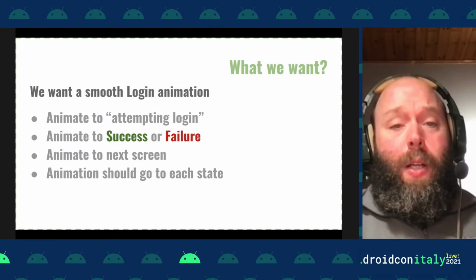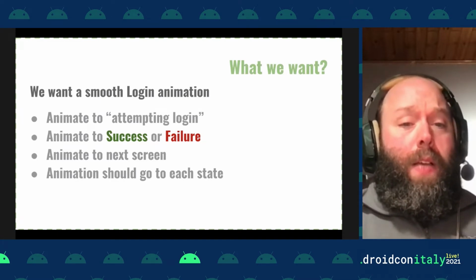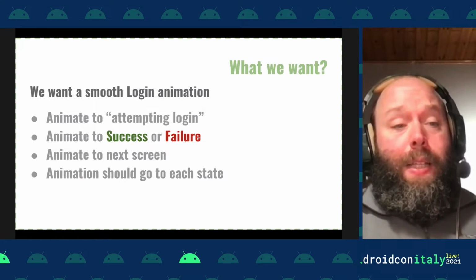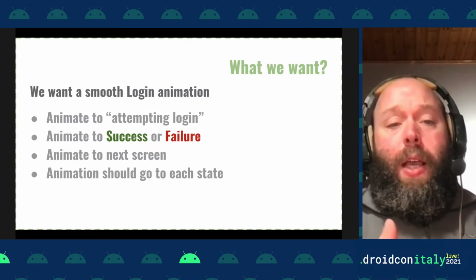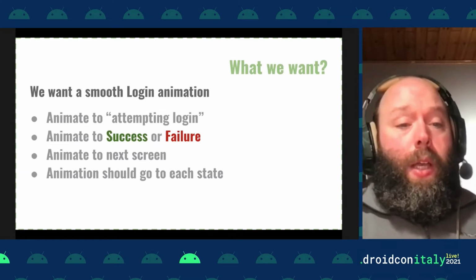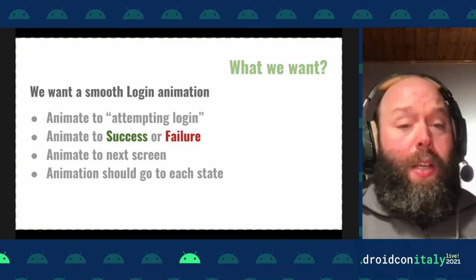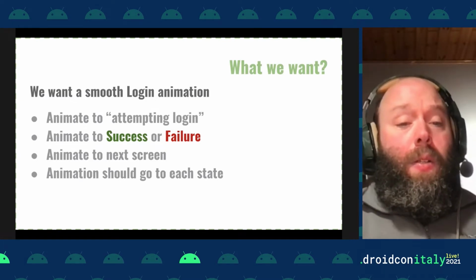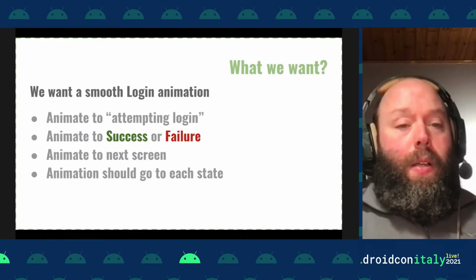Imagine that we want to animate a login screen. We should have several states. Basically, we start from the normal page and we animate to a login attempt. We then animate to a success or failure of said login, and then we can go to the next screen in case of success.